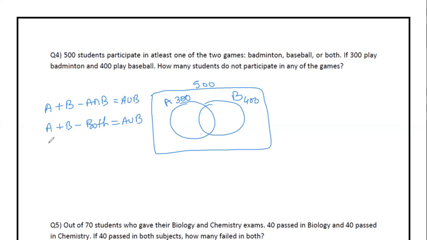So A is 300, B is 400 minus X is equal to 500. So X is equal to 700 minus 500. So I get 200. So I would have got 200 in the center. That makes only badminton 100, only baseball 200. And if I add these, it gives me 500. So all the 500 are within the region.